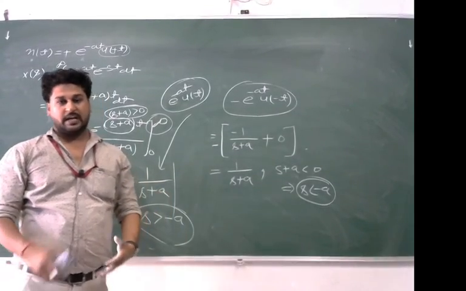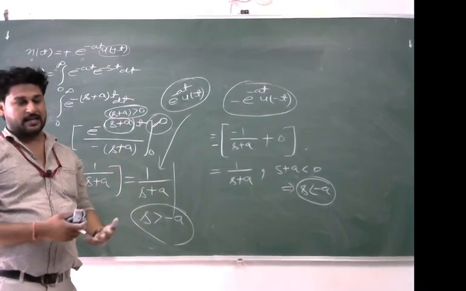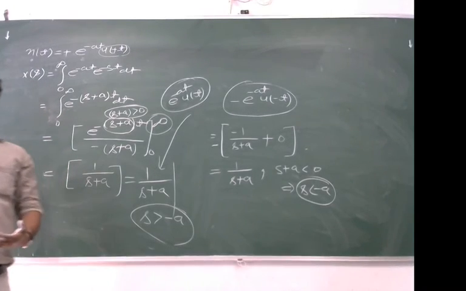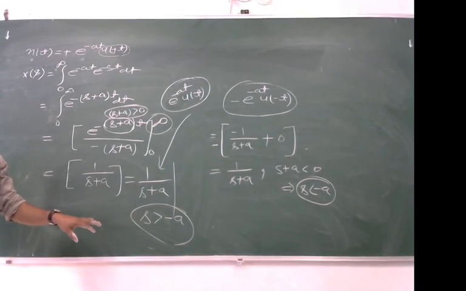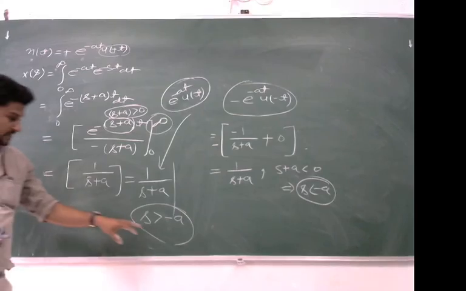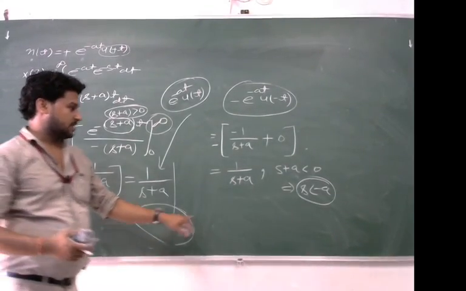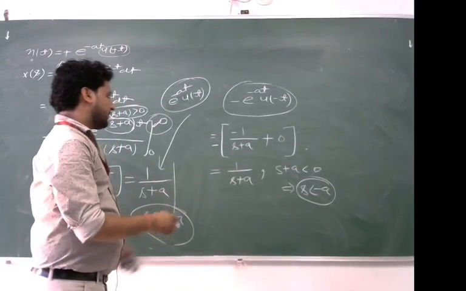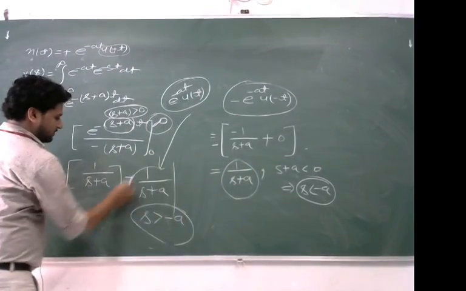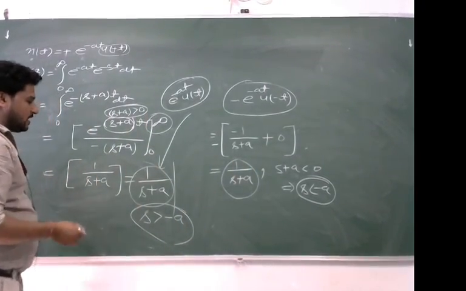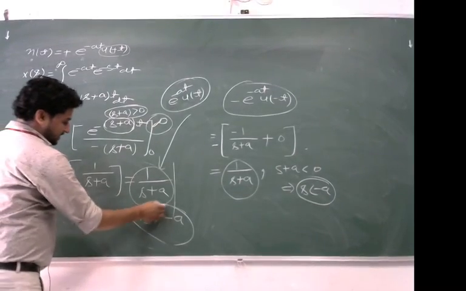So we cannot discriminate. Here is a complexity in finding the Laplace transform of such signals. But there is a speciality of the Laplace transform, the region of convergence. Although both terms are 1 upon s plus a, the region of convergence is different.